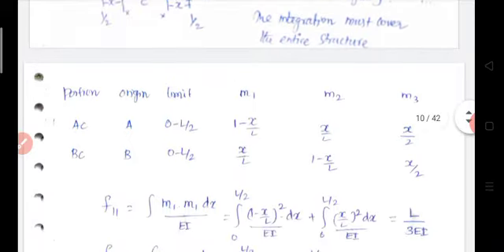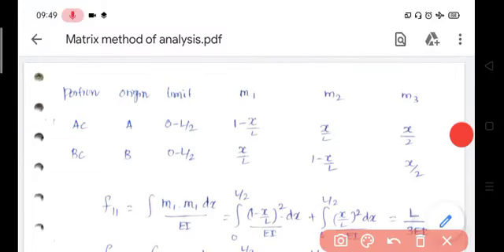M3 means bending moment at any point due to unit force or unit moment at coordinate 3. So first we have to determine the M1 value. M1 is the bending moment at any point due to unit force at coordinate 1.